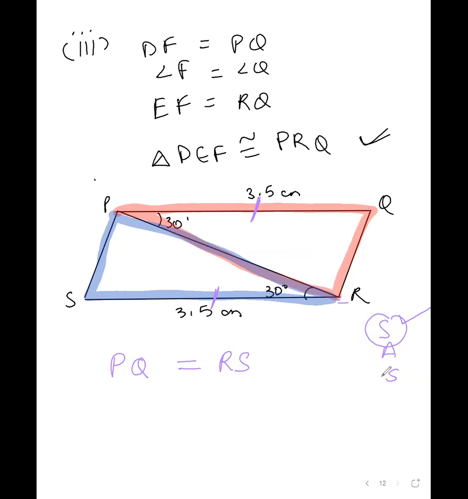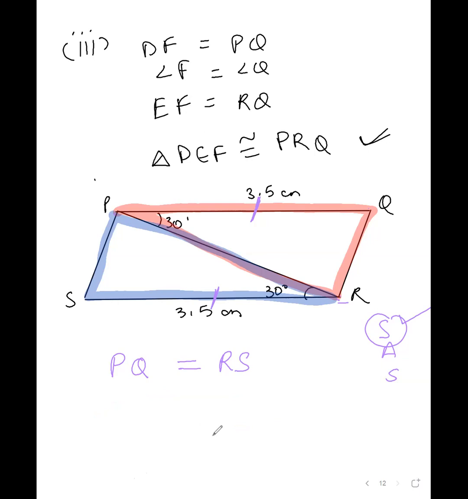Now we have to do another side and another angle. So let's leave the angle for now. For the time being, let's move to the side because the angle is a little bit confusing for you. So let's do the side first. What is the other side that is equal in these two triangles? That is given equal. We don't have to assume anything over here.